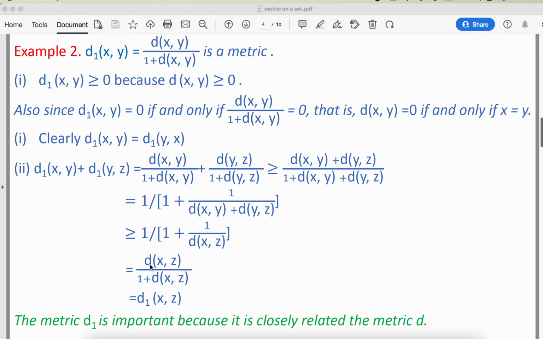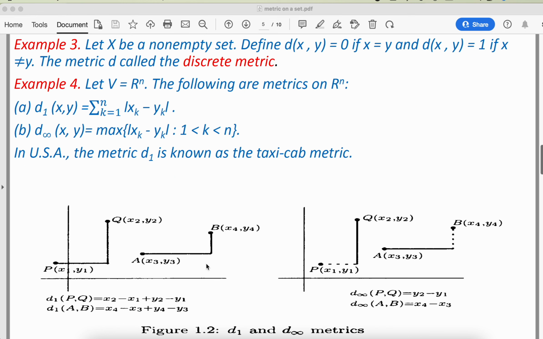If you simplify, this is d(x,z) upon 1 plus d(x,z), and this is nothing but d1(x,z) by this definition. So we have proved that d1(x,y) plus d1(y,z) is greater than or equal to d1(x,z). So d1 is a metric, and this is important because it is closely related to the metric d.